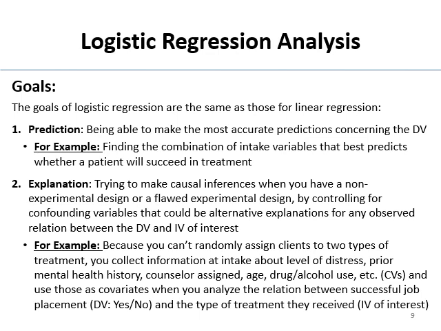Because you can't randomly assign, for example, clients to 2 types of treatment, you collect information at intake about their level of distress, prior mental health history, the counselor they got, their age, their drug use, etc. And you want to use those covariates when you analyze the relationship between successful job placement, that's your DV, yes, no, and the type of treatment they received, which is your IV of interest.